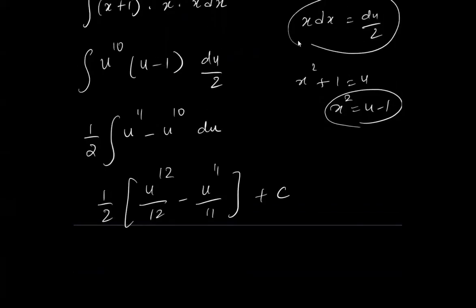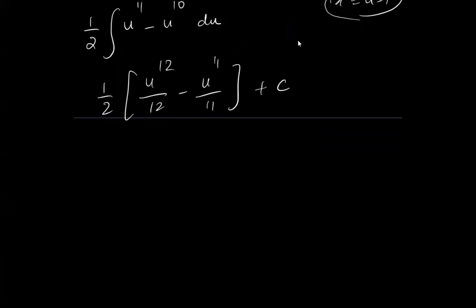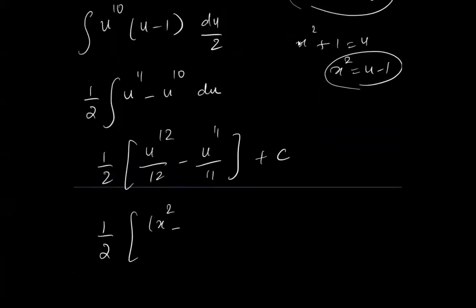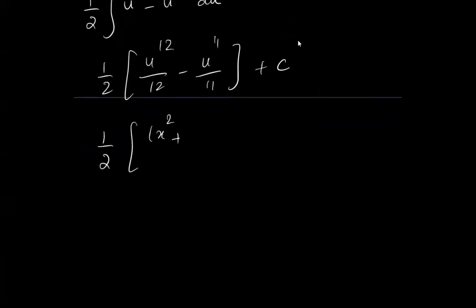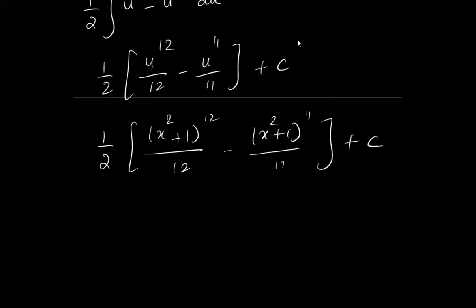And what was u again? x squared plus 1. So I have 1/2 times x squared plus 1 to the power of 12 over 12 minus x squared plus 1 to the power of 11 over 11 plus c.